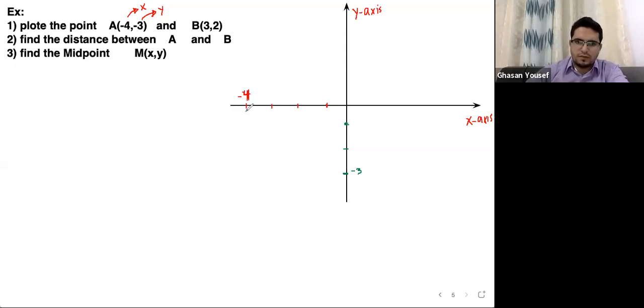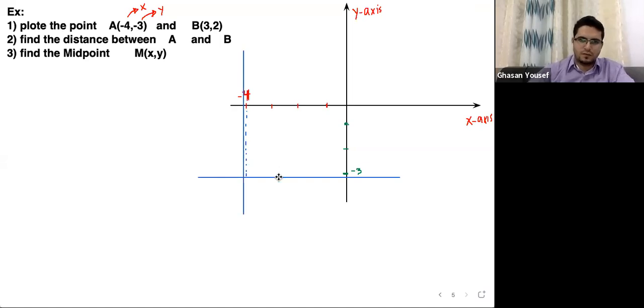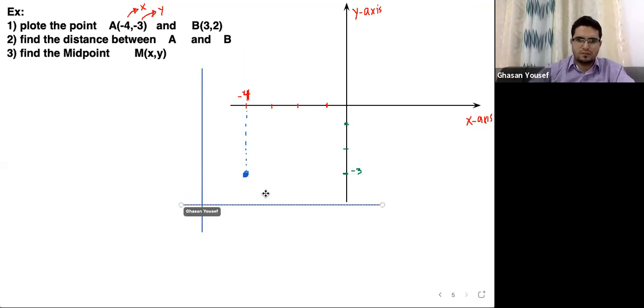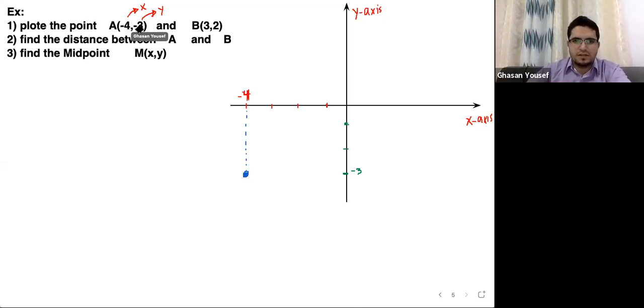So the point will be around here, this point. So we plot the first point, -4 and -3.